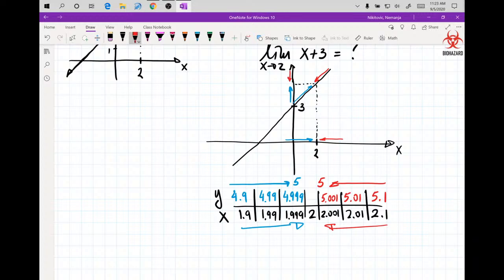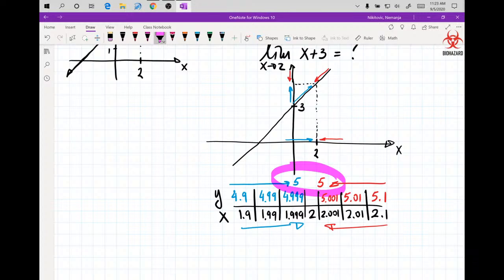So you can see that the blue one is rising into 5. And look at the y-axis. Do you see that the blue arrow is going up towards 5? And the red arrow is dropping down to y equals 5. Now, since they both agree that they're both going to 5, they are going to meet at 5, right?